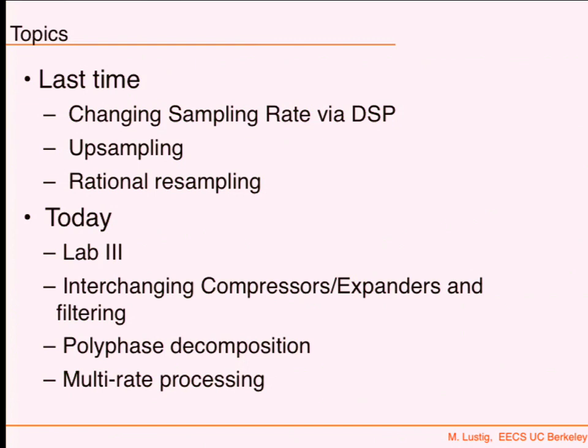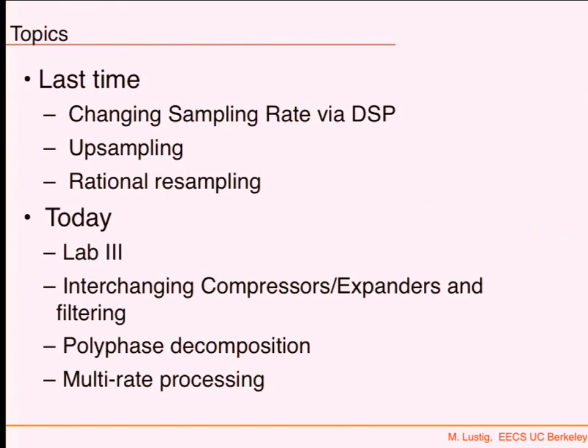Okay, so one thing we identified is that there is a problem when you want to do this rational resampling. If we're going to resample, let's say, by a ratio which is 1.01 or 1.00001, then we're going to have a problem because we are going to do so much computation and need so much memory.